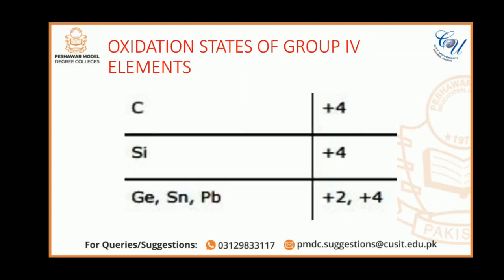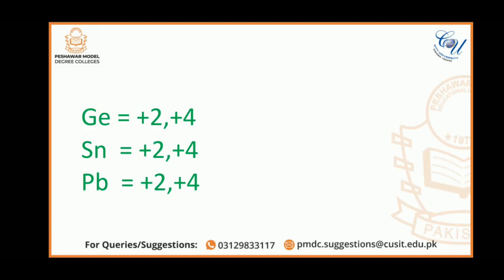The oxidation states of group 4th elements are normally +4, as these elements belong to group 4th. But germanium, tin, and lead also show +2 oxidation state in addition to +4. So we can say that germanium, tin, and lead show +2 and +4 oxidation state.